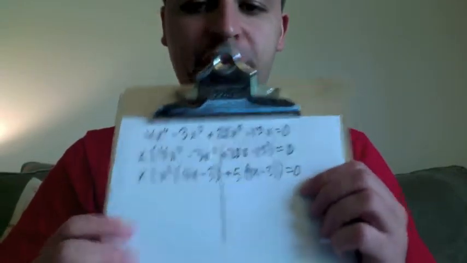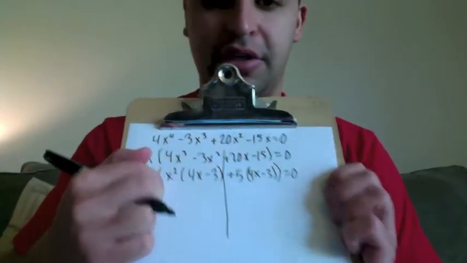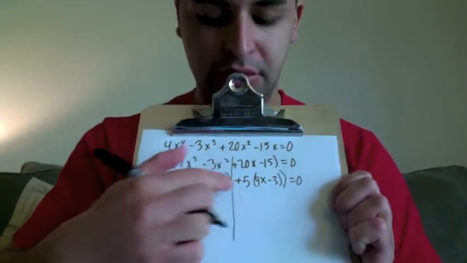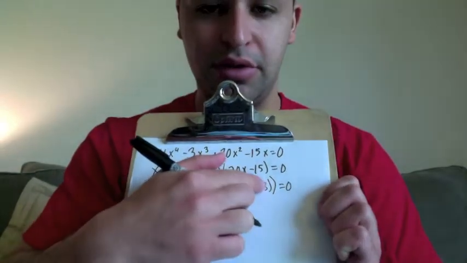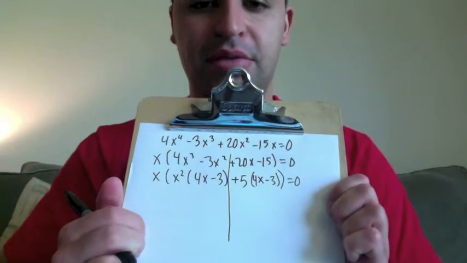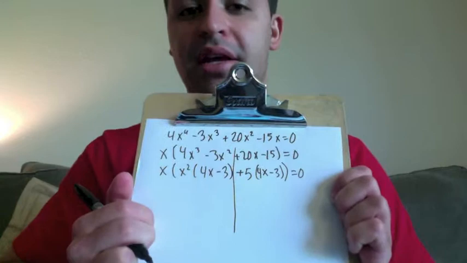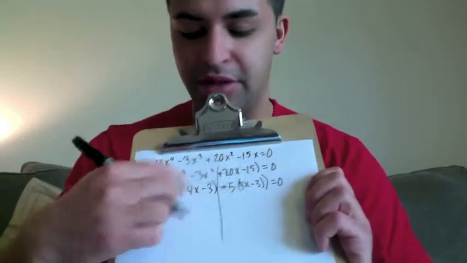I took out an x squared from the first two terms here and came out with a 4x minus 3 left over. Took a 5 out of these two terms up here and came out with a 4x minus 3 left over. That all should now be set equal to 0, and now I'm ready to make my binomials for my grouping. So I have x times x squared plus 5 and 4x minus 3 all equal to 0.